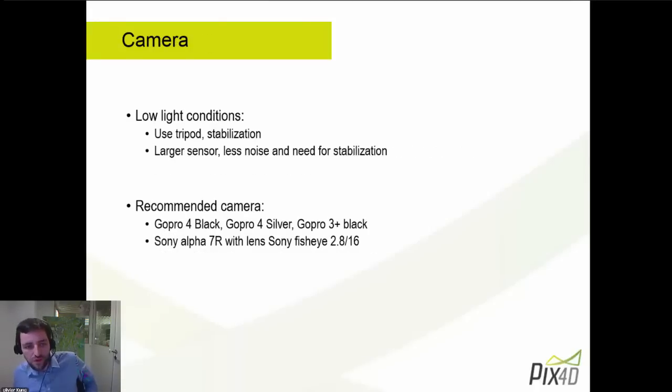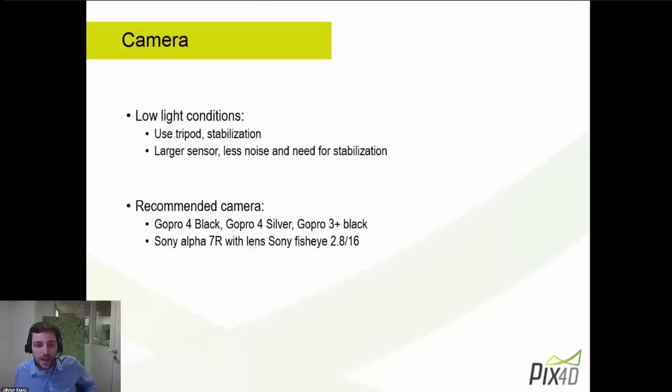Another thing I'd like to touch on first is a few tips that really make huge differences between getting good results and bad results for indoor mapping. So the first tip was to use a fisheye camera. That's the best of all the tips.